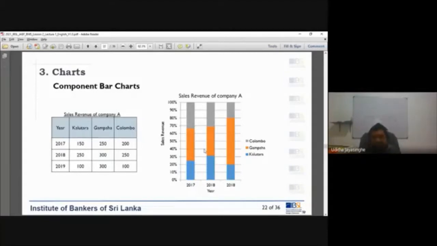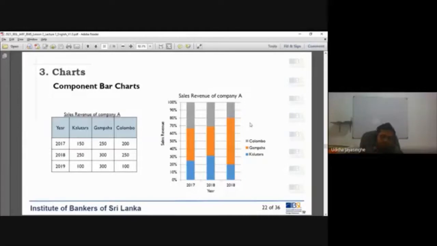For instance, for Kalutara in this blue color, first year 25%, second year 30%, and last year it has dropped to 20%. On this side also, you may see approximately 33% dropping to 31%, and then down to 20%. So what has happened? Gampaha district seems to be giving much more sales revenue to company A over time.